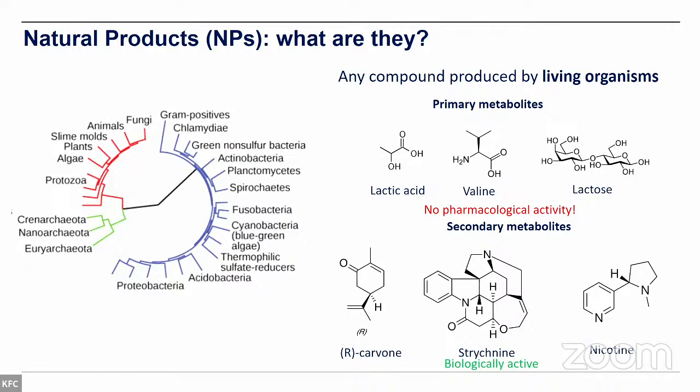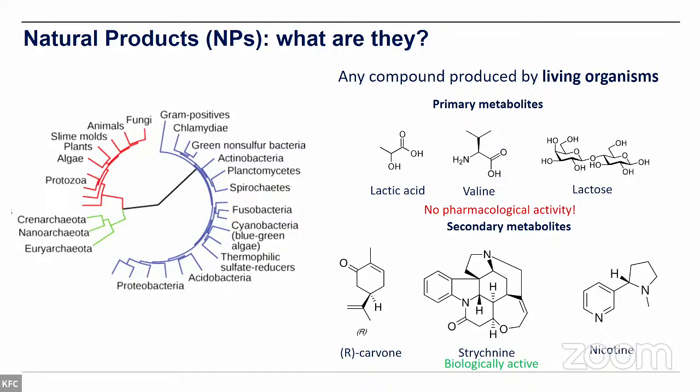And when we speak about natural products, we can roughly split them into 2 main categories. Those are primary metabolites, which are usually simpler, similar across many organisms, and frequently do not carry pharmacological activity.